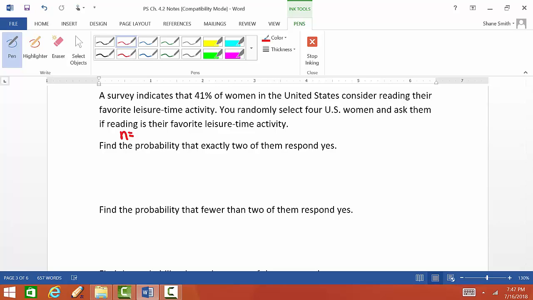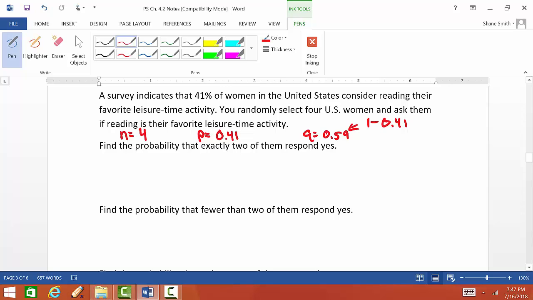We're asking 4 women, so our N is 4. Our probability of selecting a woman whose favorite leisure time activity is reading is 0.41. I'm going to change that to a decimal because that's what we're going to end up putting in our calculator. And then Q is 0.59 because that's 1 minus 0.41. Remember, Q is 1 minus P.